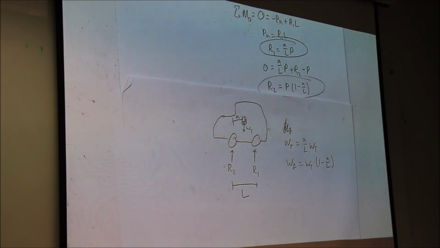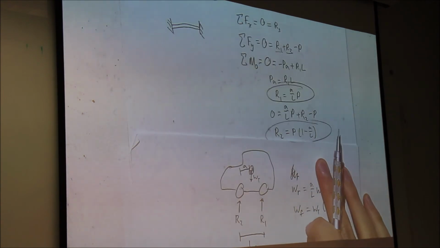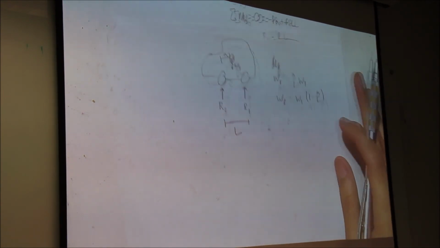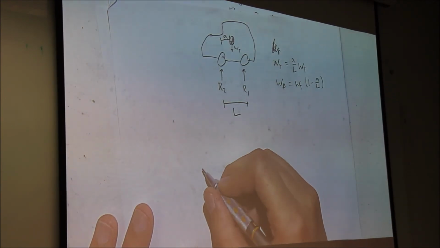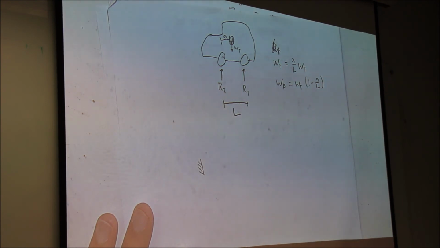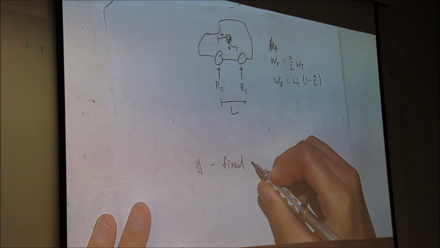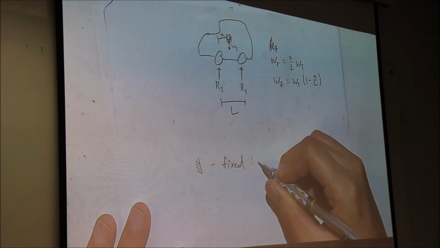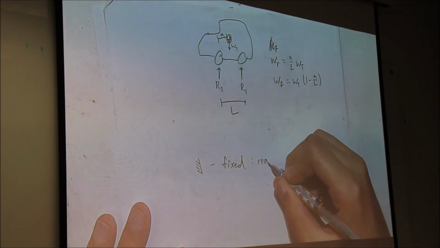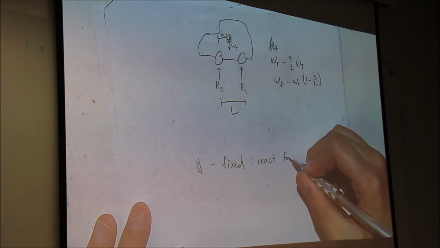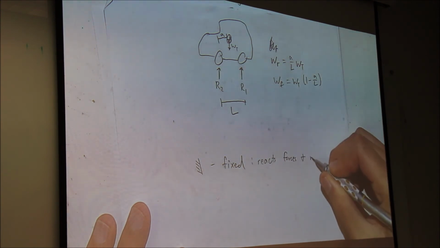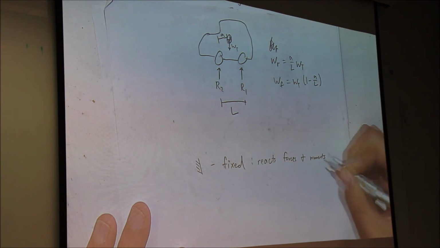So I've already gone through a couple. For instance, we know that if you have a fixed support, this is called fixed, and what that means is it reacts forces and moments in all directions.